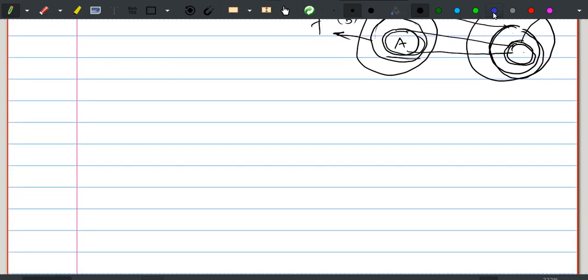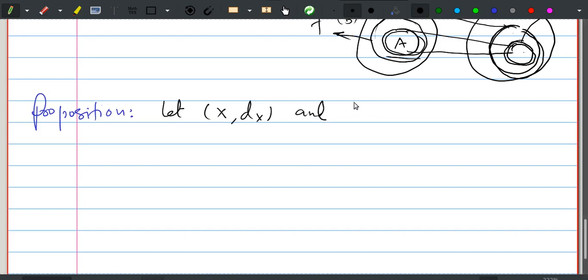Now let us do a proposition. Let (X, dx) and (Y, dy) be two metric spaces.